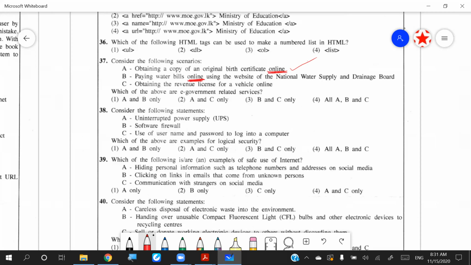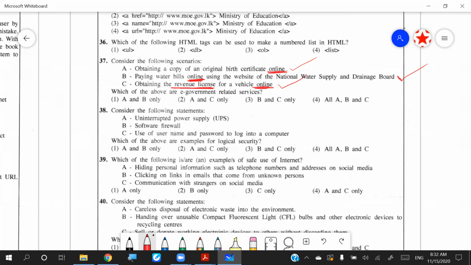Paying water bills online is again a service given by the government, which is the National Water Supply and Drainage Board. So we are paying to the government, and it is an online service. The revenue license for vehicles is also happening online, so it is also correct. What you have to see, if they are asking about e-government, is whether that particular service is going to be given by the government.